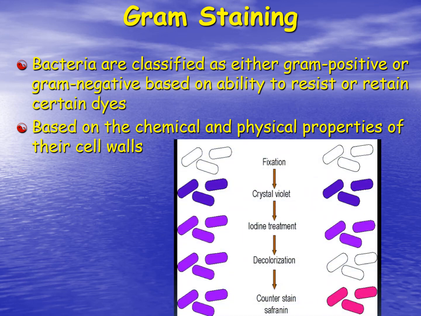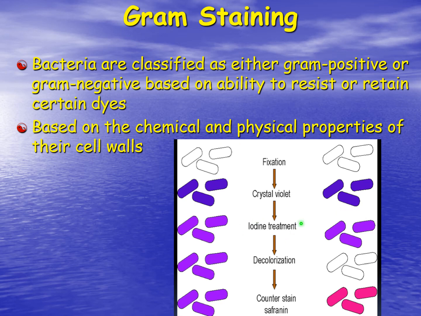We have two stains that we use. The primary stain is called crystal violet, and as the name says, it allows the cells to become violet. Once we have fixed our bacteria on our slide in some method, and usually with gram staining we use heat as a fixation method, we then apply crystal violet. Everybody will stain purple at this point because everybody takes up the crystal violet.